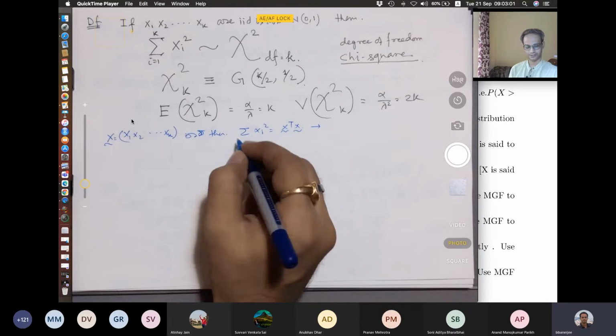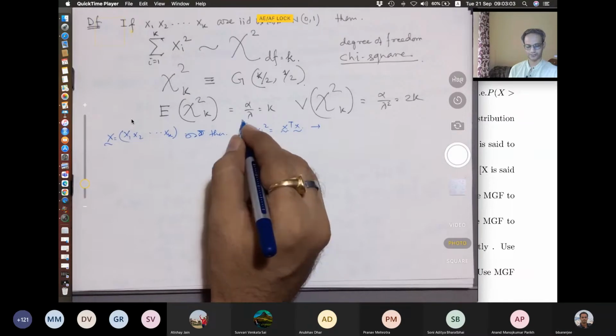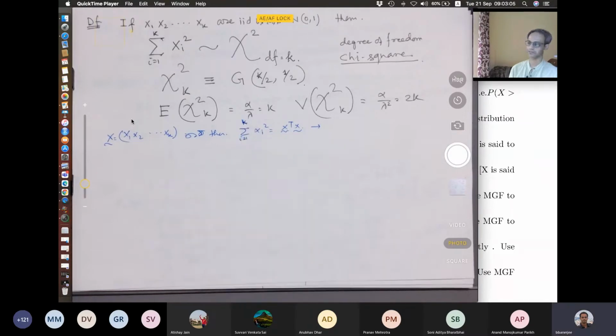What is the meaning of this expression? The square of the modulus of the vector.